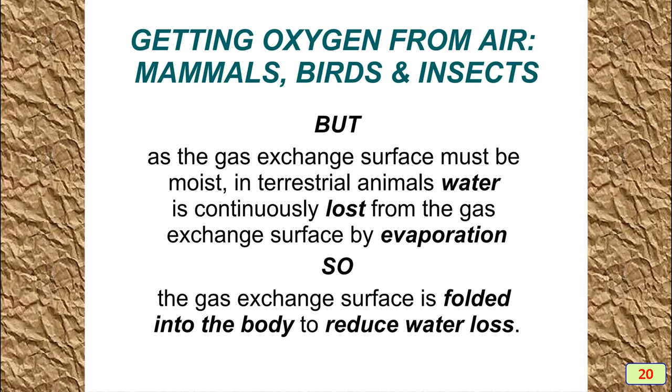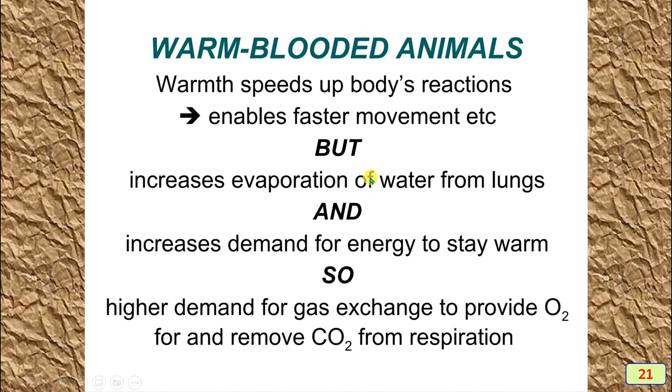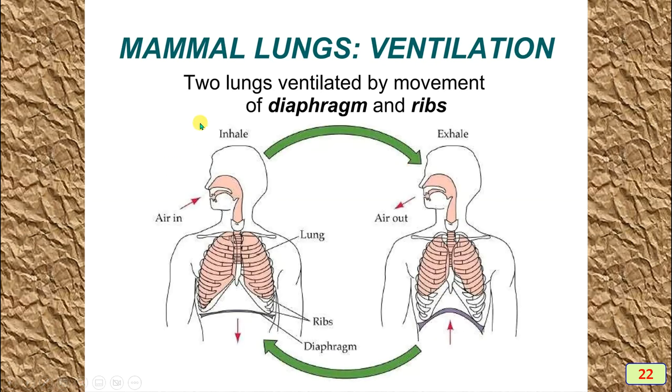But we are concerned with mammals, birds, etc. The gas exchange surface is folded into the body cavity to reduce water loss, and warm-blooded animals have lungs as one of the most important tissues.